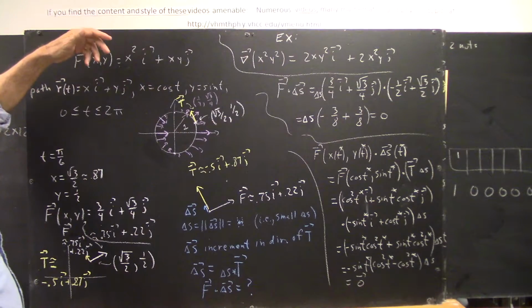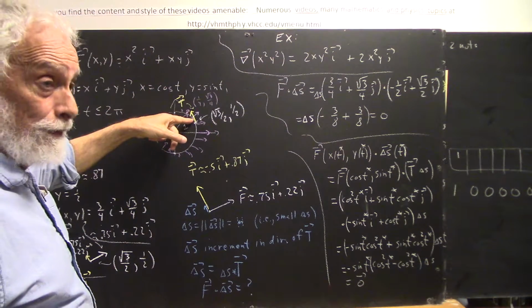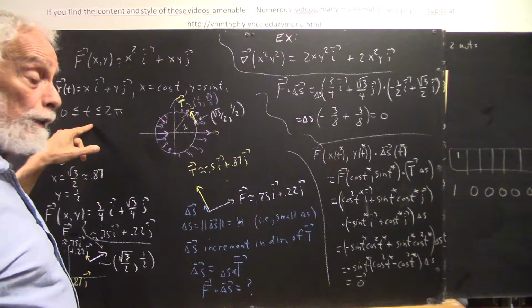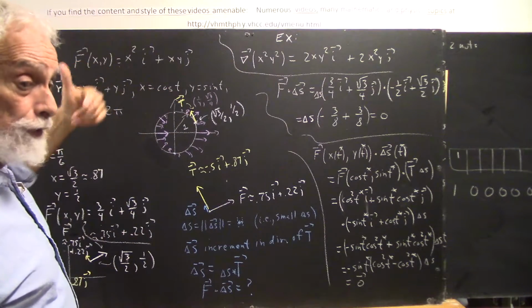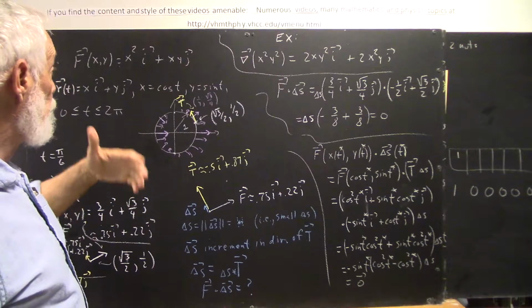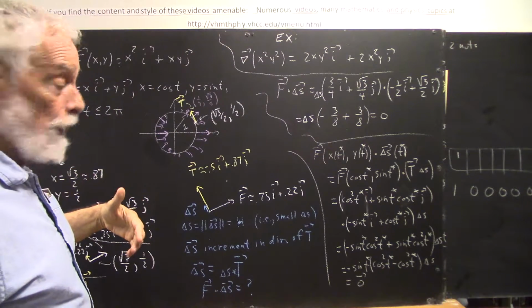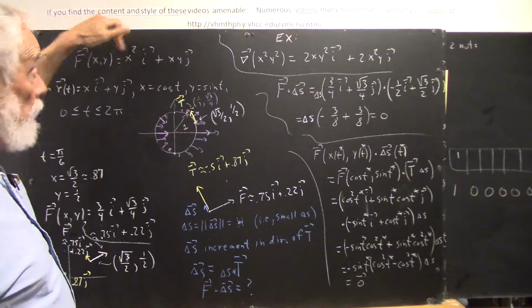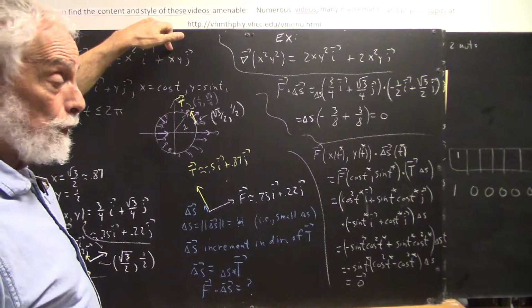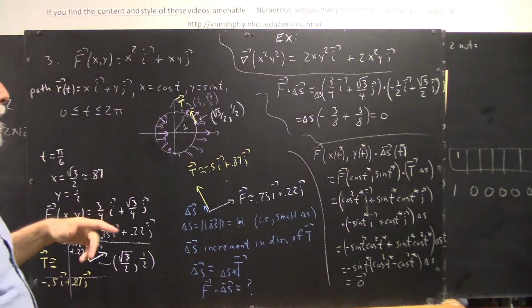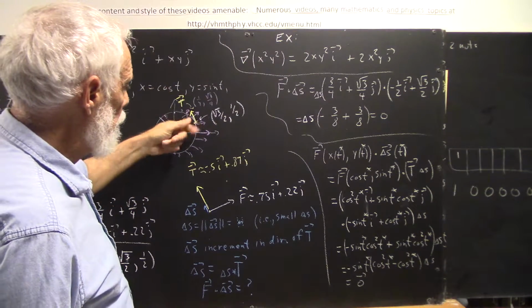Okay, well, again, if t equals pi over 4, that puts us at this point on the curve, and x is square root of 2 over 2, y is square root of 2 over 2. So that x squared is 1/2, and so also is xy. So the vector here is going to have components 1/2 and 1/2.